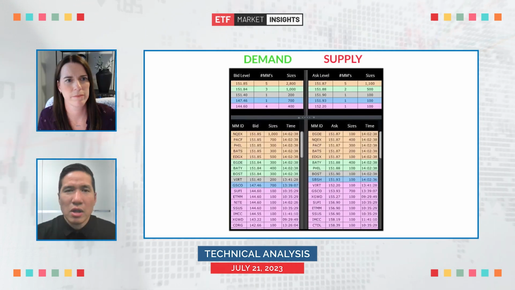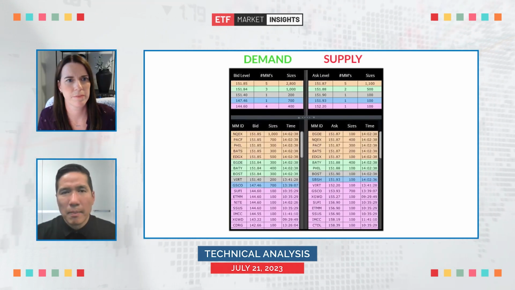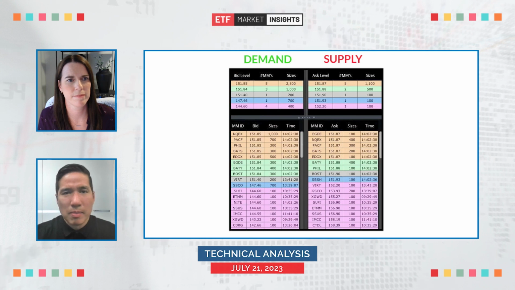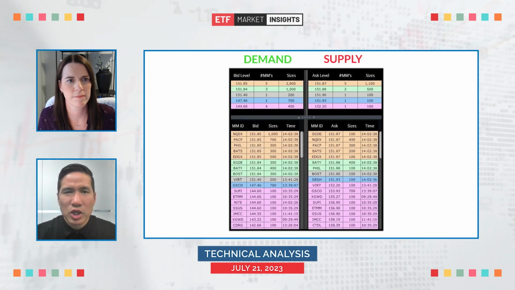But when you try to understand where the concept comes from, you have to look at the concept of an order book. Everything that is exchange traded will have an order book. The order book basically shows you the depth of the buyers and the sellers. In a balanced market, demand and supply are going to be equal, so you have a range-bound security.